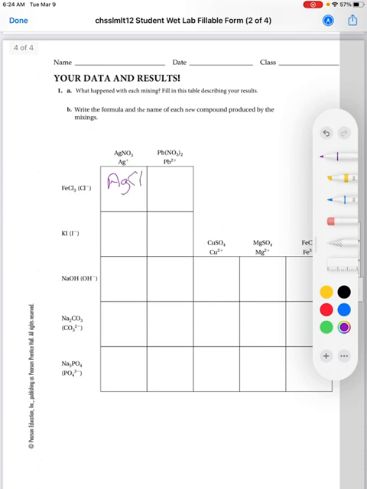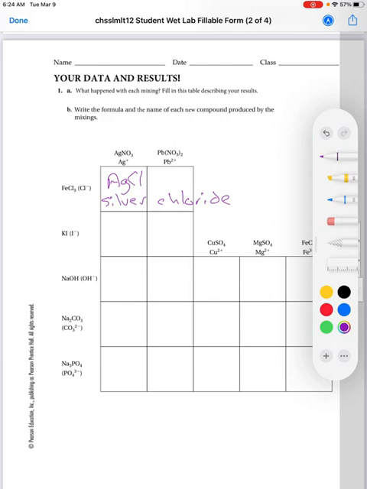I'm only going to say it from now on. In this box, we would write silver chloride, but there's no room for me to do it with my pen. There is room for you to do it, as I'll show you, when you type in your answers in your lab report, in the form that I provided you.